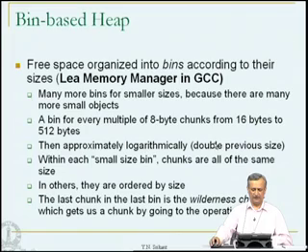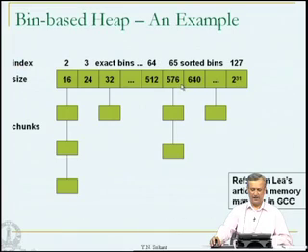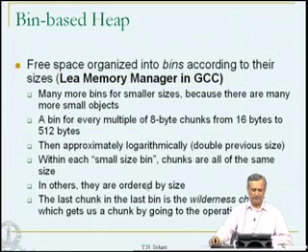So, 576, 640 and so on. These are the sizes of the various bins. There are chunks of this size, possibly between 512 and 576, between 576 and 640 and so forth.